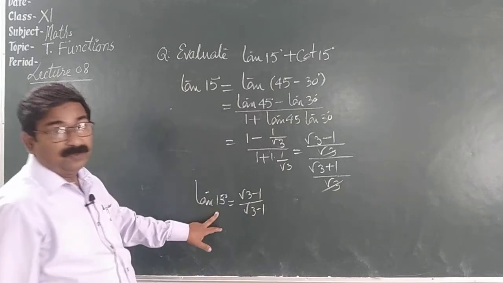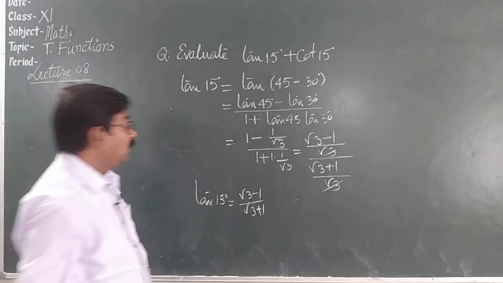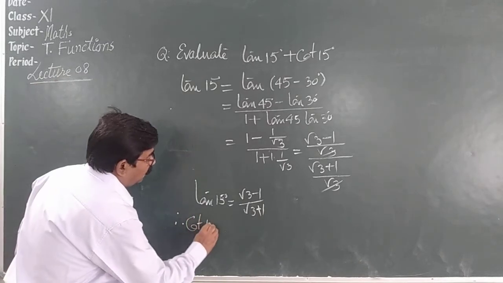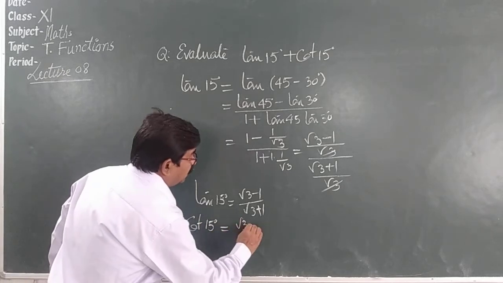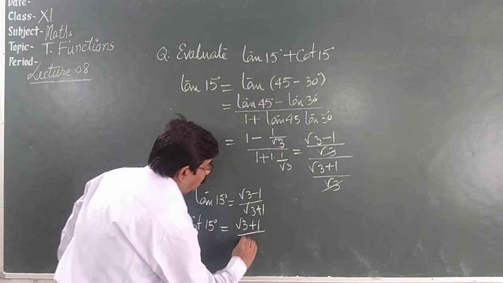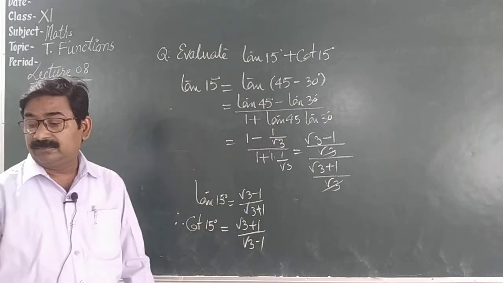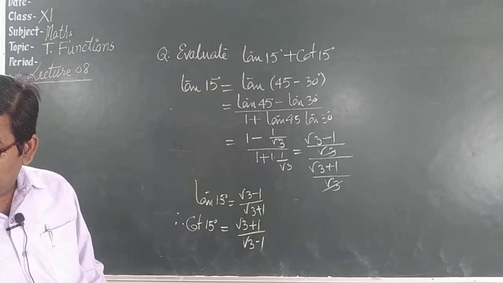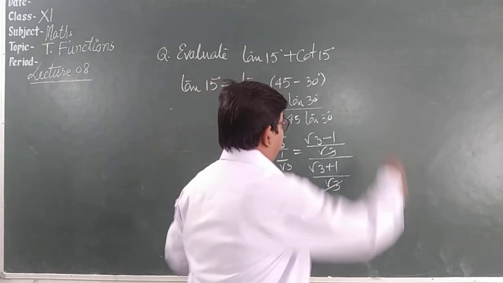So this is tan 15. So what is the value of cot 15? Therefore cot 15 degree is equal to root 3 plus 1 upon root 3 minus 1, the reciprocal of tan. Got it?